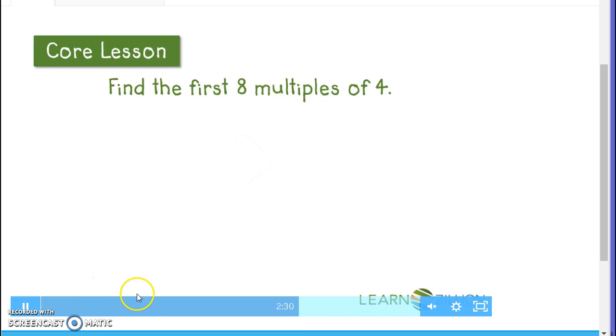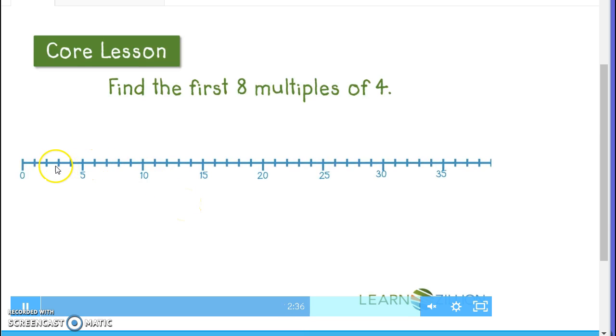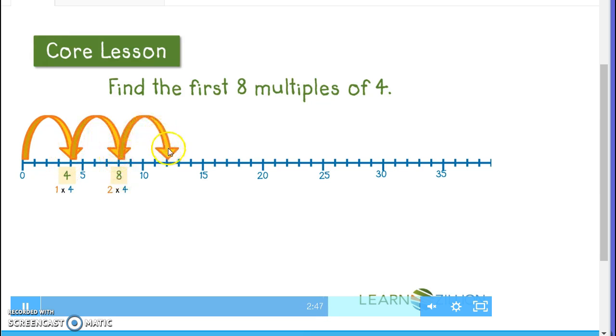All right, hopefully you have 8 numbers down, and I'm going to show you how to do the first 8 multiples. So again, here's a big number line. You don't have to do that, but this is just showing you a visual. So the first one would be 4. I gave you that clue. So 4. Then you go to 8. Then you skip count. Then 12. Skip count again. And you notice the factors are underneath here. Then 16.